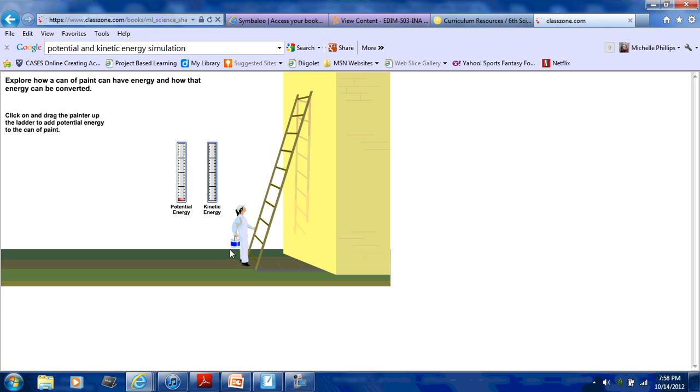This is gravitational potential energy. But let's increase the potential energy by making the painter go up the ladder. So now we see that it has potential energy because of its height. As I click go, we're going to see what happens to the potential energy and then what happens to the kinetic energy at the same time.